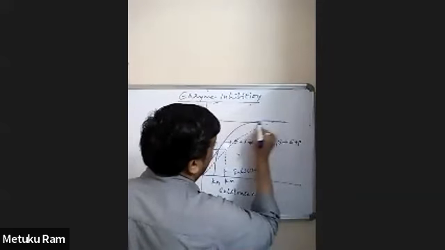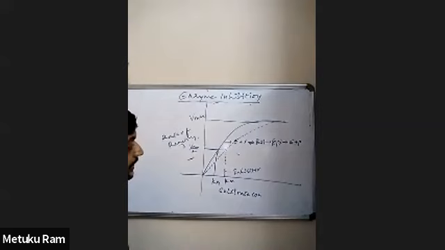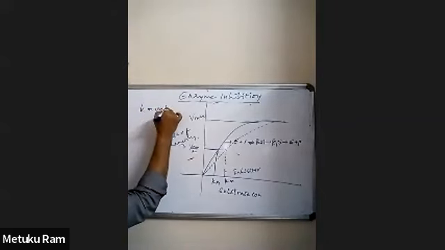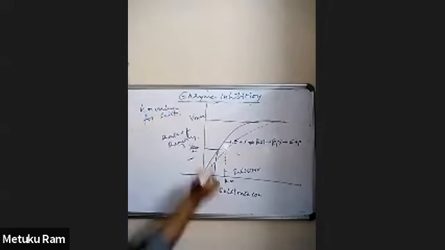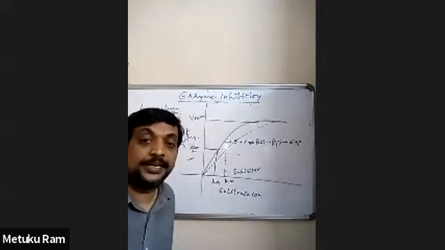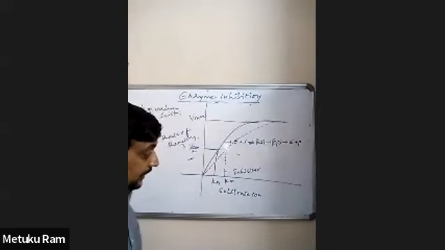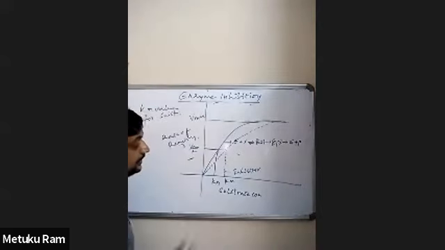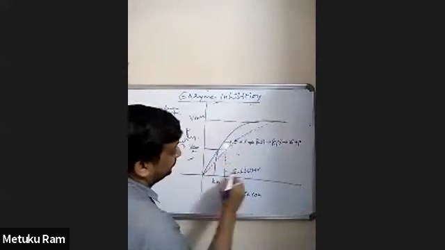This is inhibitor. Now observe in this graph the Km value for substrate is low, whereas the Km value for inhibitor increases. So here in competitive inhibition, the dots shown here are for inhibitor.